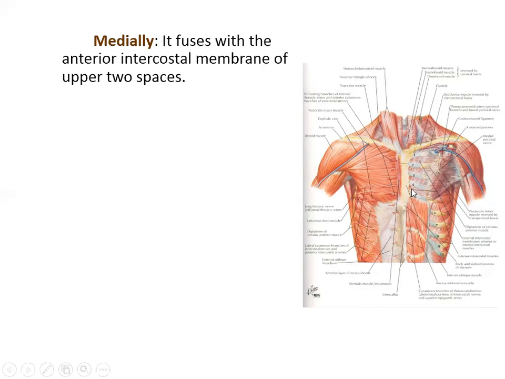Here the pectoralis major muscle has been removed, and we can see the clavipectoral fascia covering the pectoralis minor and the subclavius. It comes medially and gets fused with the anterior intercostal membrane.